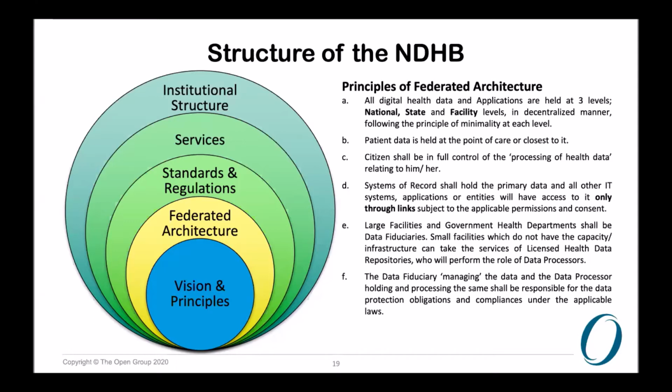So there is a national government, then government at the sub-national level, which could be state level or district level, and then we have governance at the facility level. When I say facility, it could be a primary healthcare center, or it could be a super specialty hospital. So that's identified as a facility.